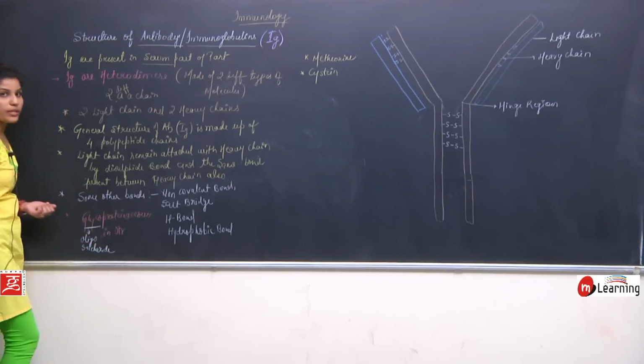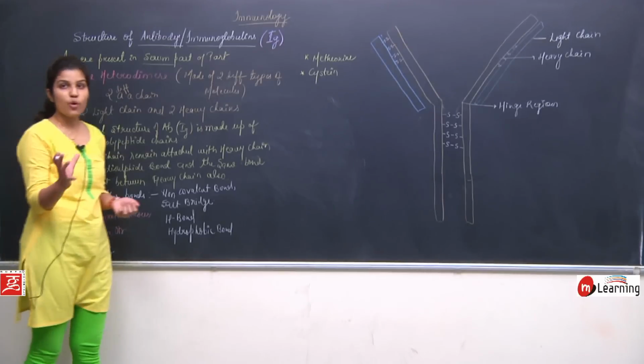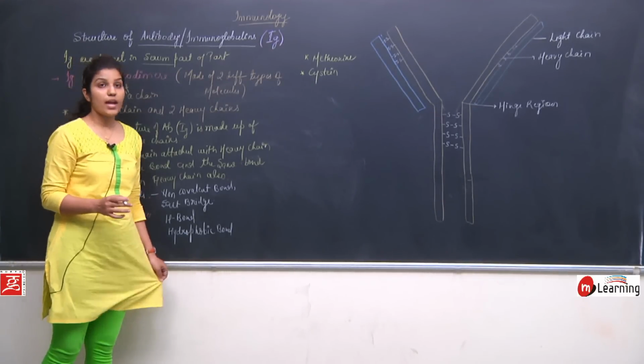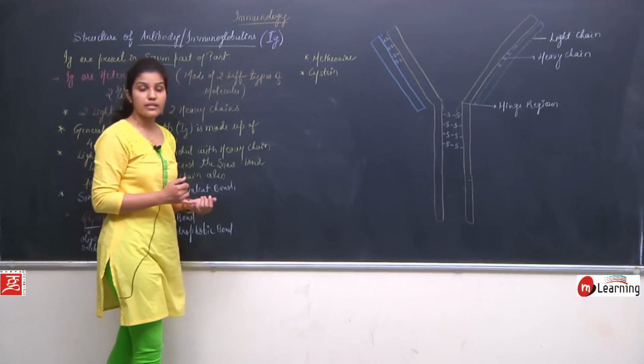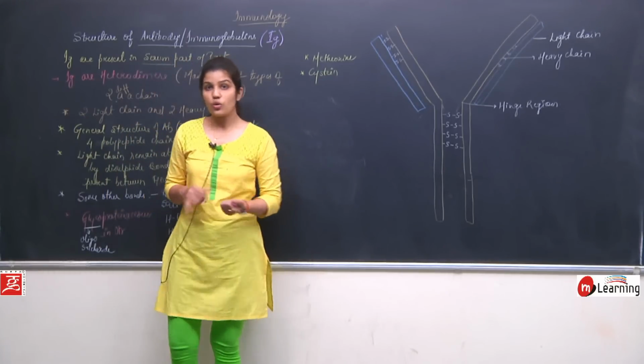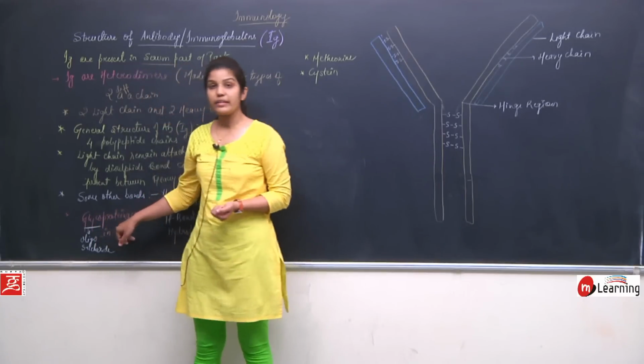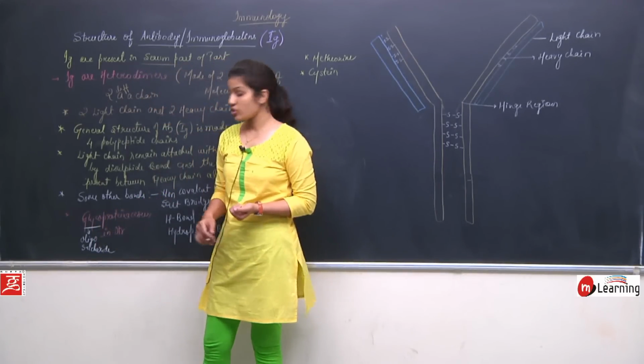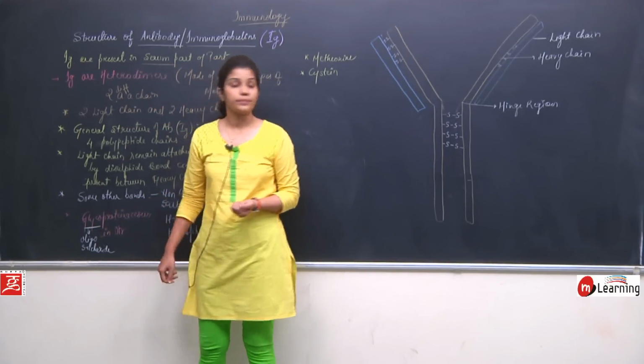Okay, oligosaccharide, the glyco part, the carbohydrate part. We have 3 types of carbohydrates, that is monosaccharide, oligosaccharide and polysaccharide. So the glyco part here in the immunoglobulin is made up of oligosaccharide.